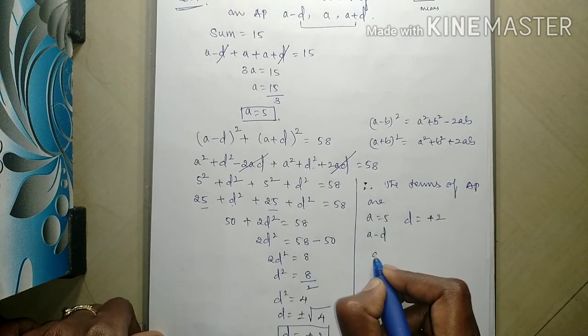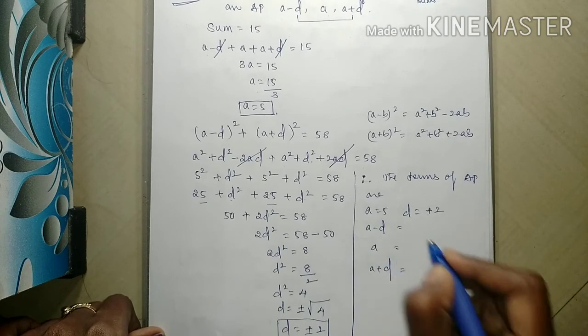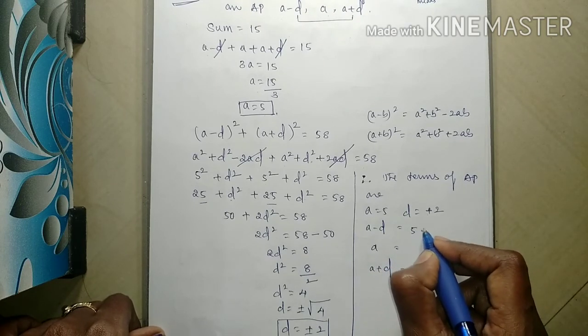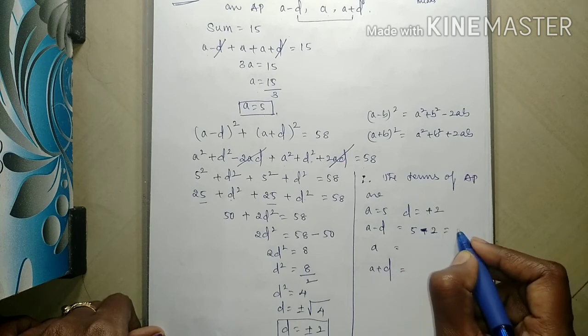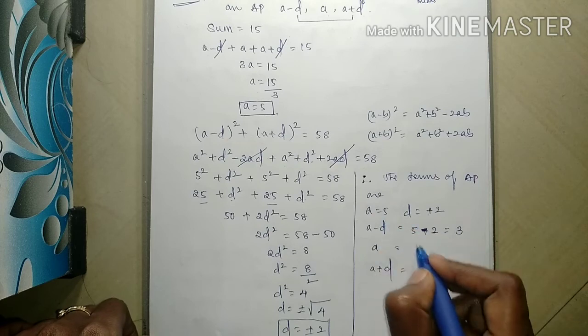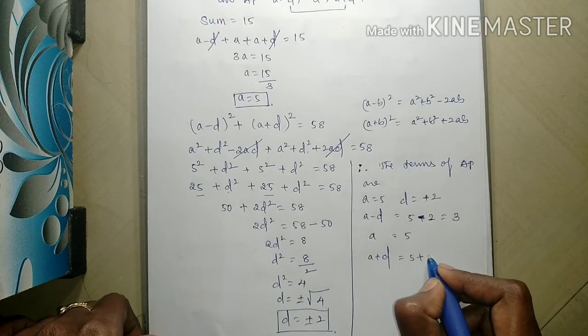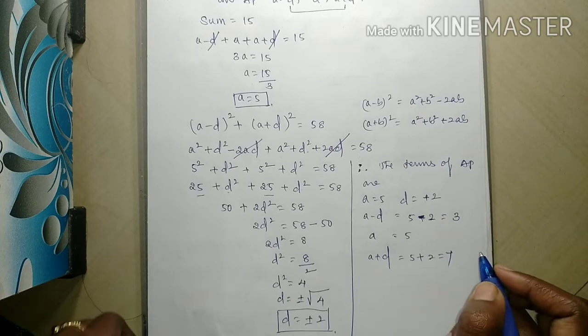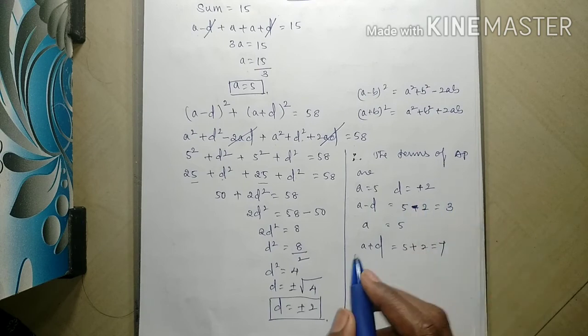A minus D, A and A plus D. That is A is 5, D is plus 2, so 5 minus 2 is 3, A is 5, and 5 plus 2 is 7. So this is when A is 5 and D is plus 2.